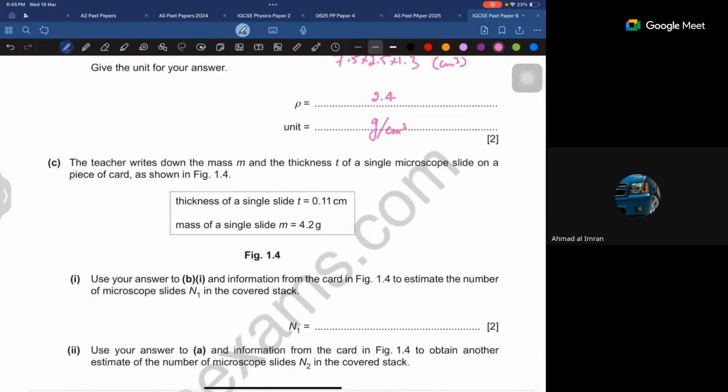Now the next, teacher write down the mass m and thickness of a single microscope slide on a piece of card. And the mass of the slide is m. Use your answer in information card to estimate the number of microscope slides in the covered stack.